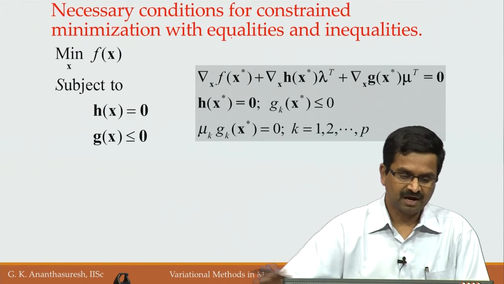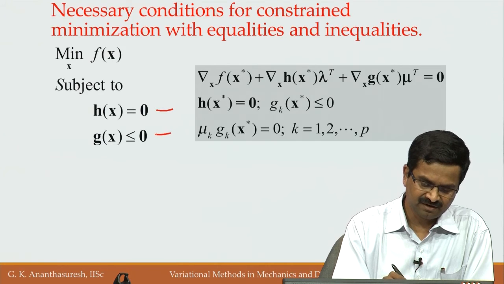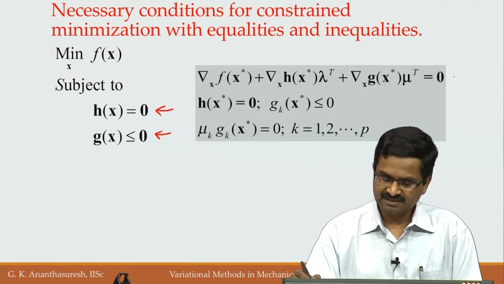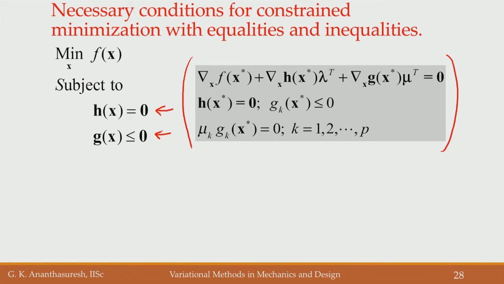Now let us put both back together. When we have equalities and inequalities as shown here, then we write our necessary conditions in this manner. Let us see this carefully. The first one here, the objective function gradient is a linear combination of the equality constraint gradients, which we already proved and discussed. Now, we took the liberty of writing it for the inequalities also by defining these mu's.